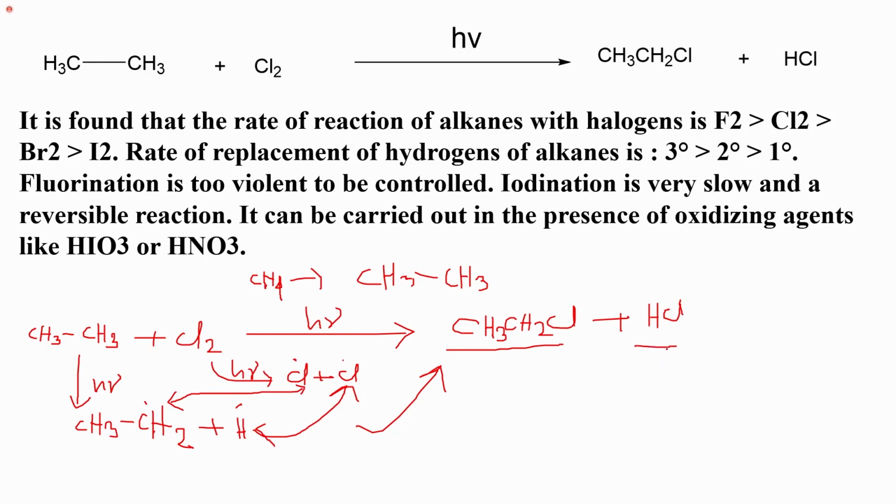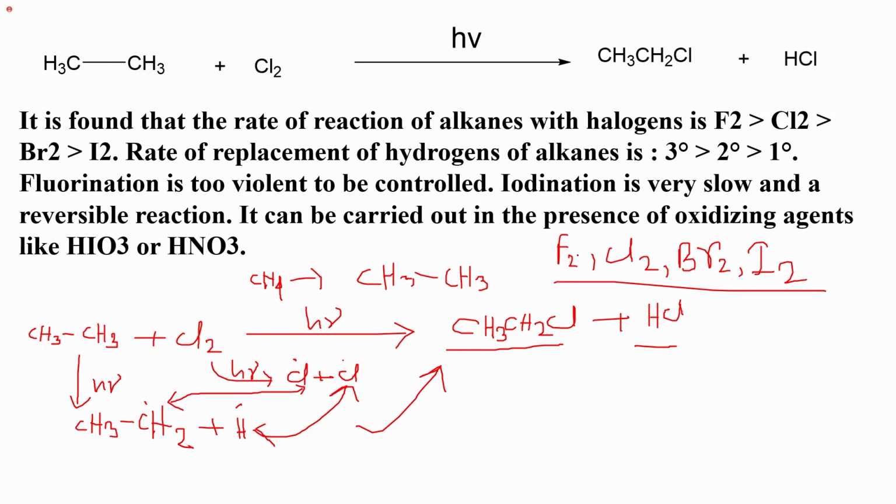Now here the most important question is the rate of halogenation of alkanes. It depends on the bond strength. If you have a weaker bond, then it will be faster. So when we discuss the fluorine molecule, chlorine, bromine molecule, and iodine molecule, we have four halogens.